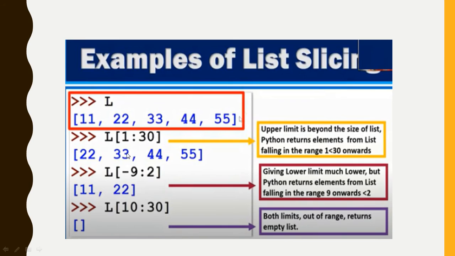It is out of range, but since it is slicing, it will start from -5 up to 2 elements, 0, 1, 2. 1 less than 2 is 22. So it will print 11 and 22. So with L of 10 and 30, rather than giving an error, it will return an empty list, in the case of slicing only.